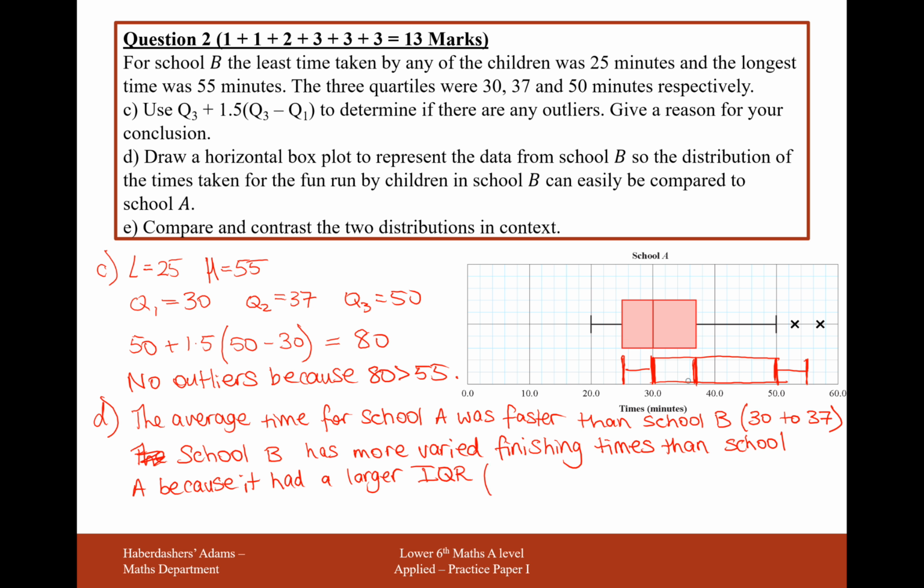So this compares 30 to 50, that's 20, to the interquartile range for school A, 25 and 37, so that would be 12. Okay, so that's a perfect answer to part E here. Okay, great, that's 13 marks for that question.